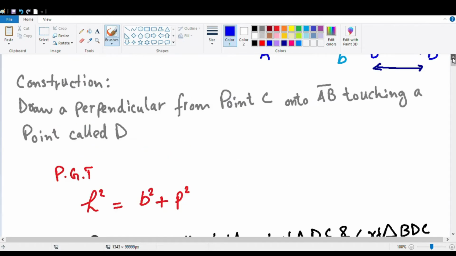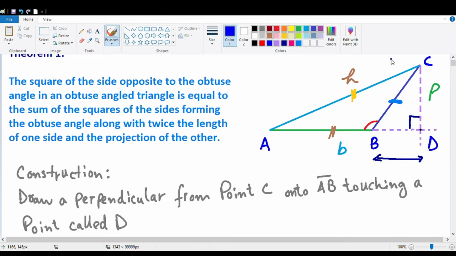So let's go up here. Let's take right triangle ADC. The hypotenuse of ADC is AC, right? So AC square is going to be equal to the base. What is the base? Base is AD. So AD square plus the perpendicular square, which is CD. So CD square.